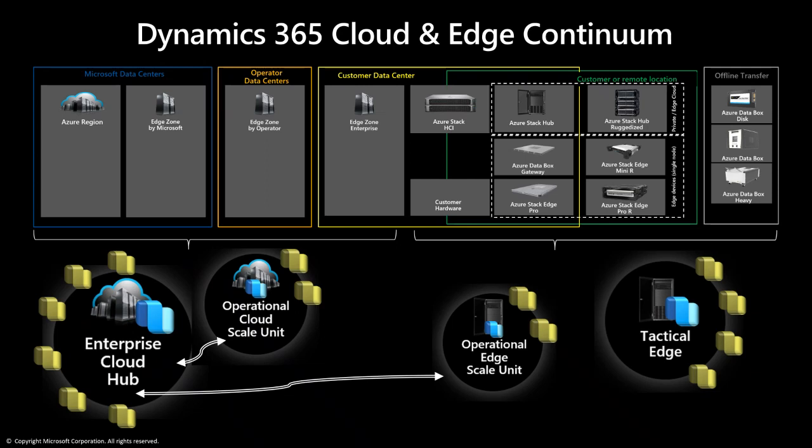Just keep in mind for the edge scale units that this runs on top of the local business data infrastructure. So it's not quite as simple as just dropping in a single server in these locations. There's a little bit more involved with the setup of these operational edge scale units. And there is additional information in the resources of this slide deck, and we'll also be covering these details in the upcoming administration and technical deep dive sessions as well.